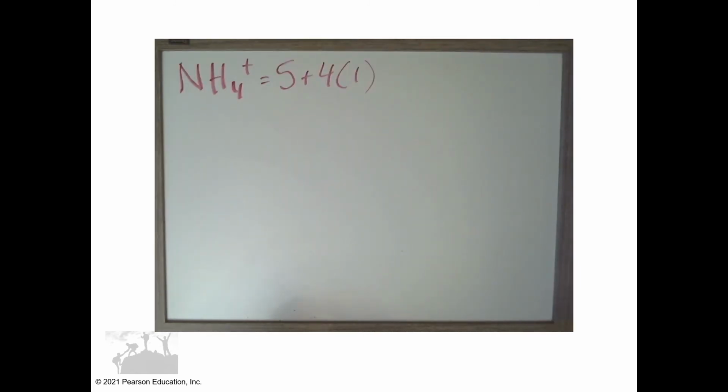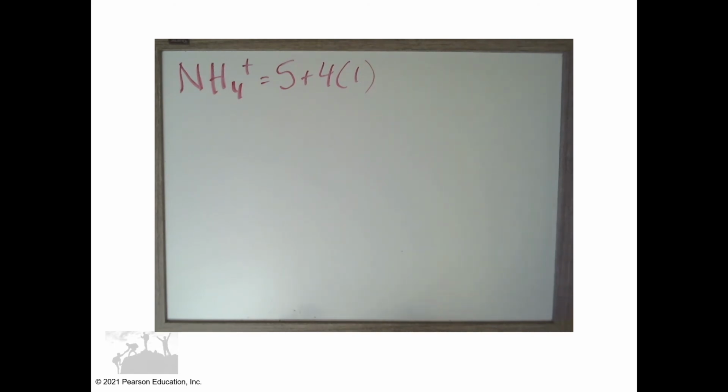Okay, let's start drawing out NH4+ ammonium. So first step, we need to know how many valence electrons we're going to be working with. So looking at your periodic table, you should see that nitrogen should have 5 valence electrons. Hydrogen would have 1, but since we have 4 hydrogens, we got to multiply that by 4.